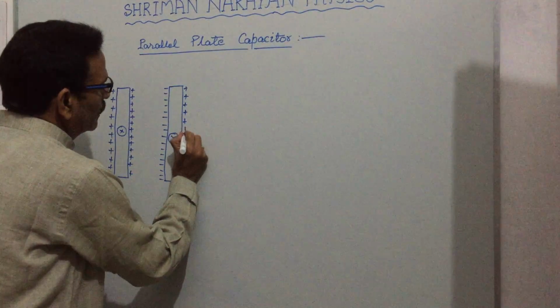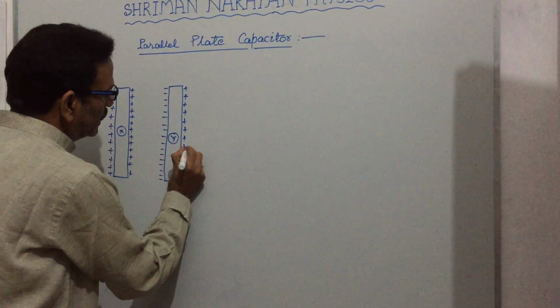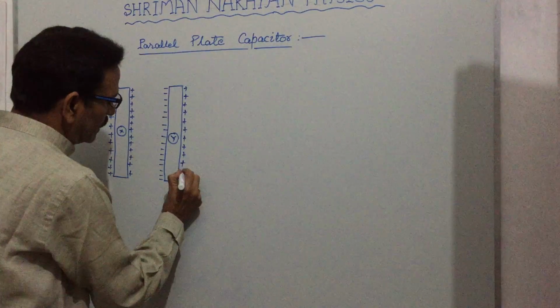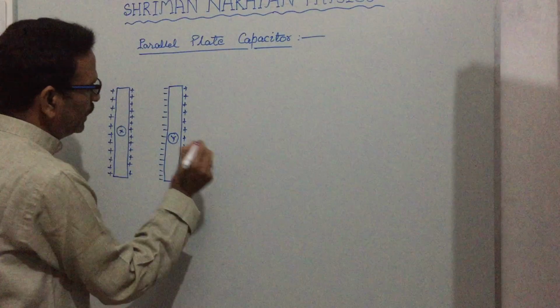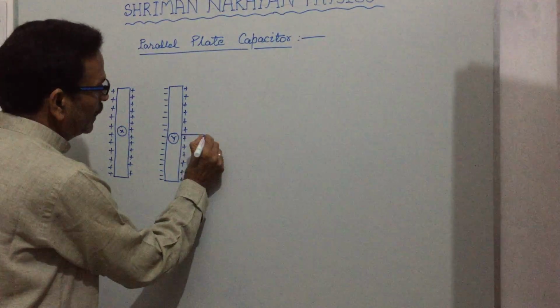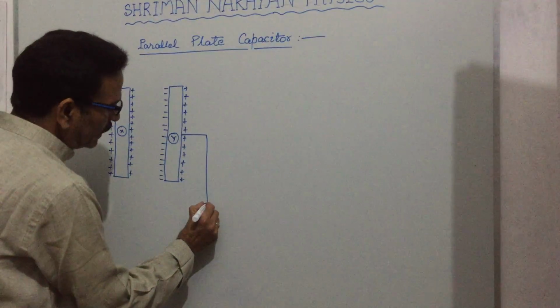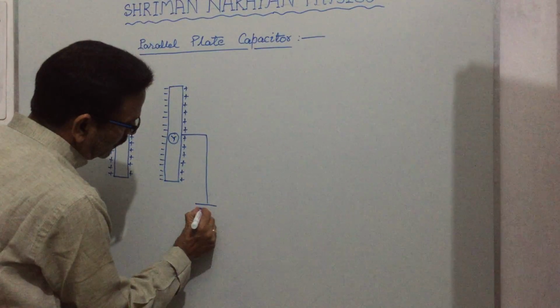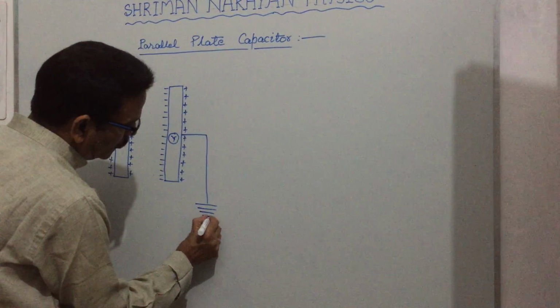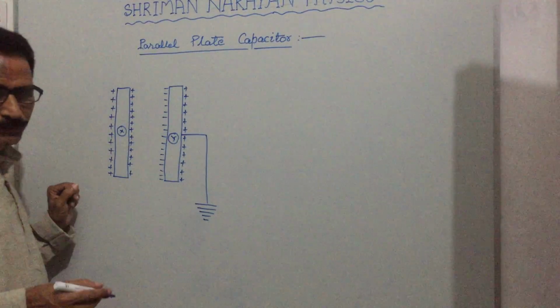And suppose this conductor, this plate Y, is connected to the ground as shown in the figure.